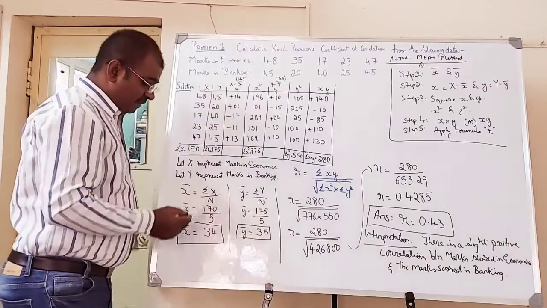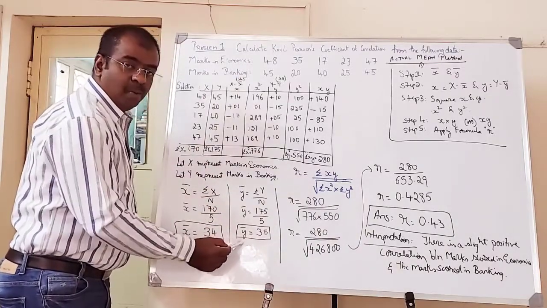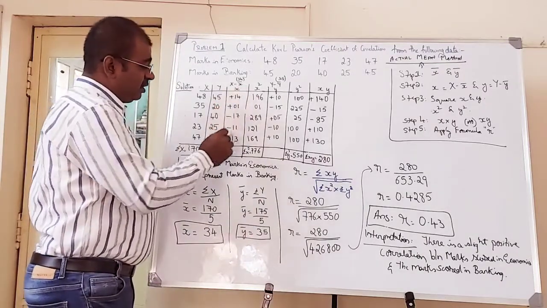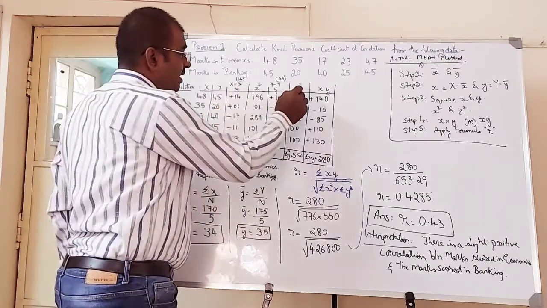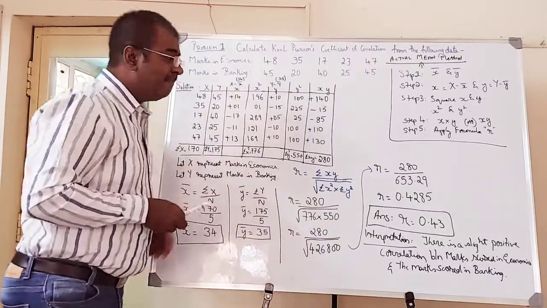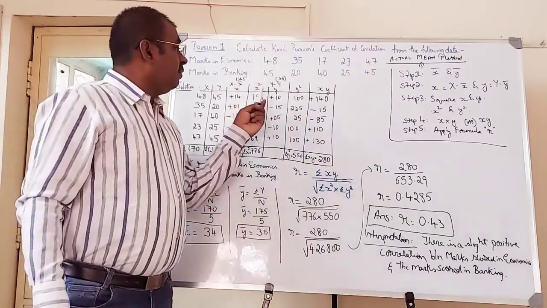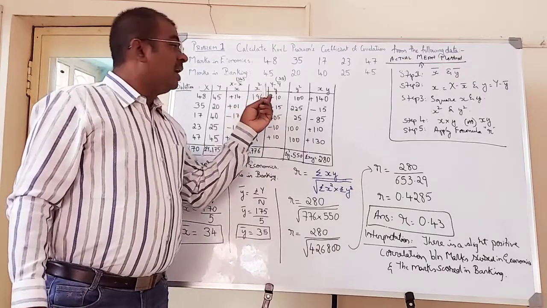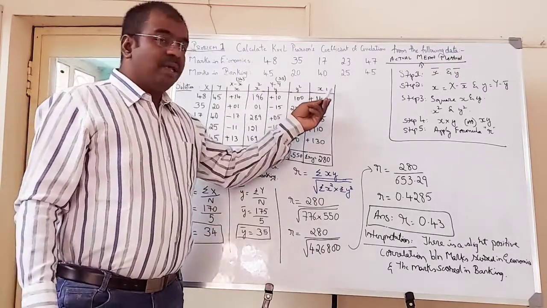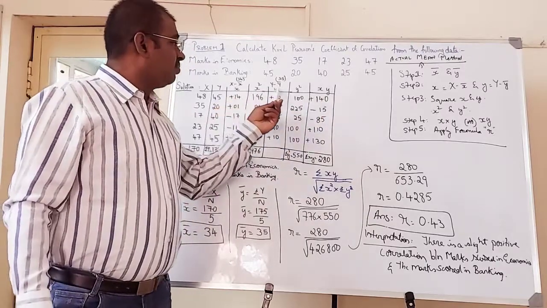So step number 1, we found x bar and y bar. Step number 2, we found the deviations of x and deviations of y, that is x minus x bar and y minus y bar. And step number 3, we found x square and y square. Step number 4, we found the product of x, y.